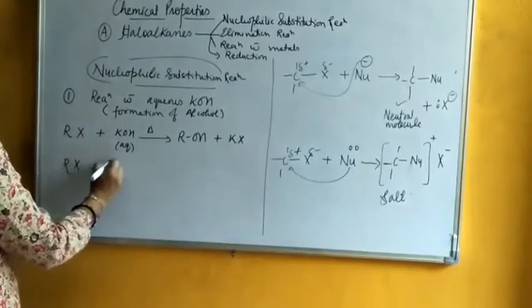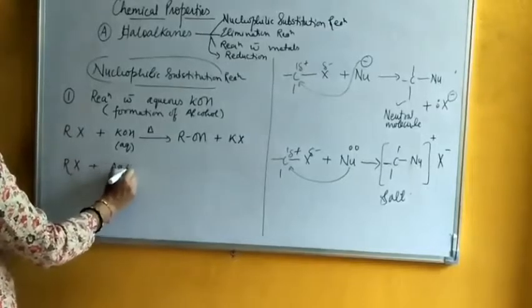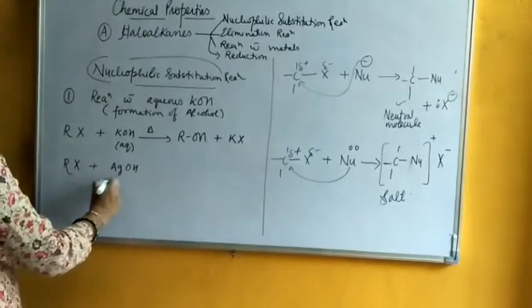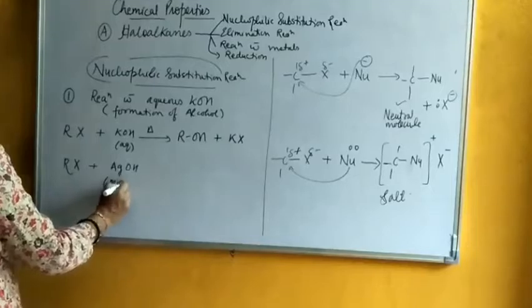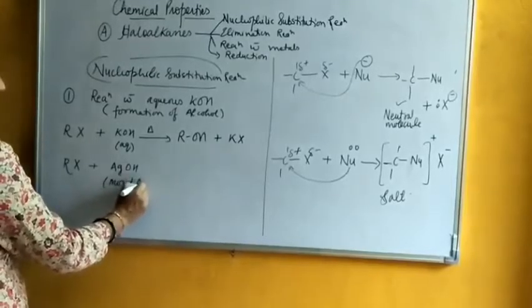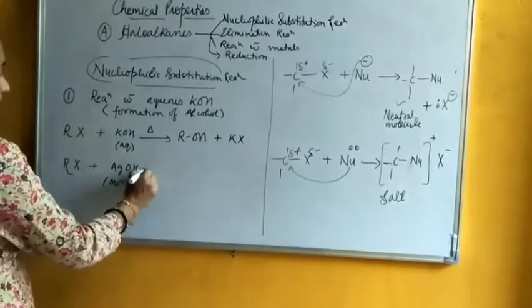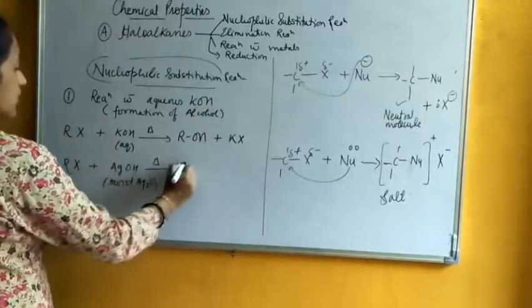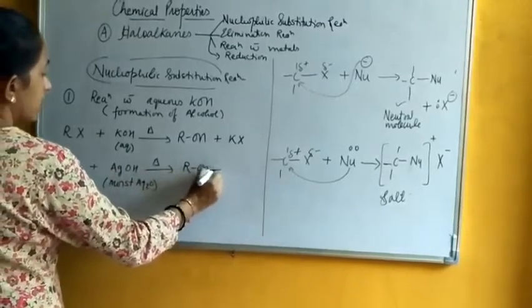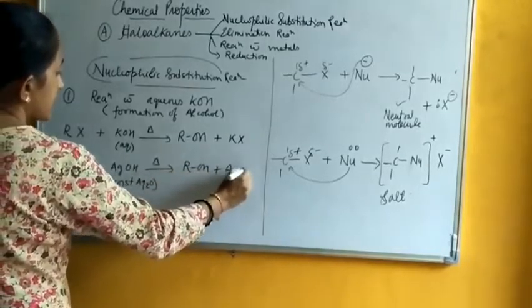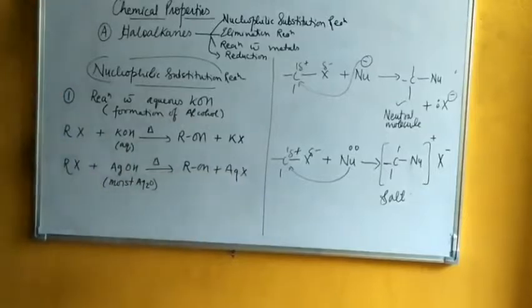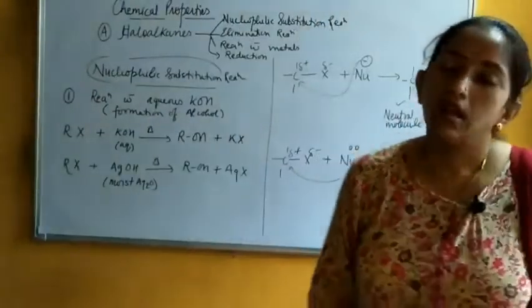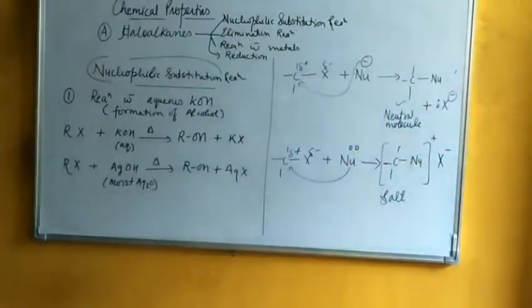Similarly, we can have silver hydroxide, though we are writing it this way, it is written as moist silver oxide. In this case also, student, we will get ROH plus AgX, that is the silver halide. So in this reaction, student, we are getting the alcohol formed.